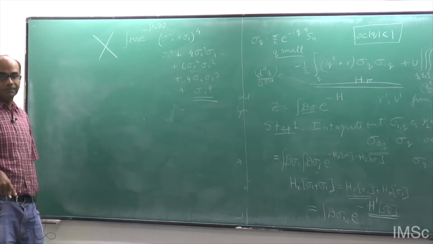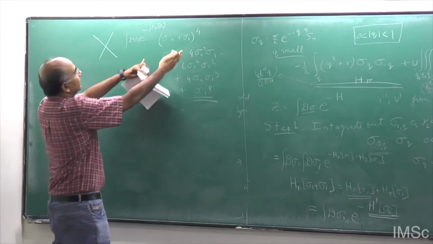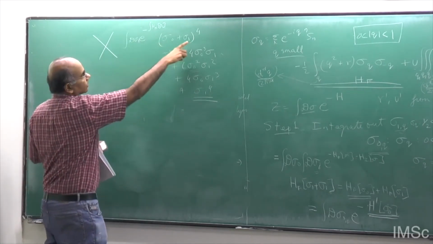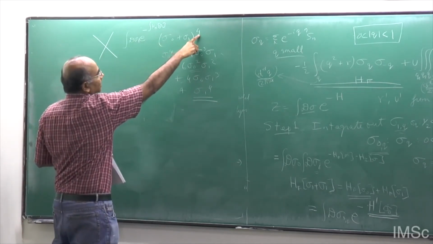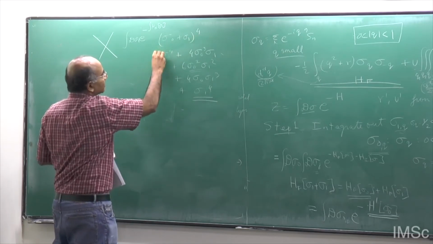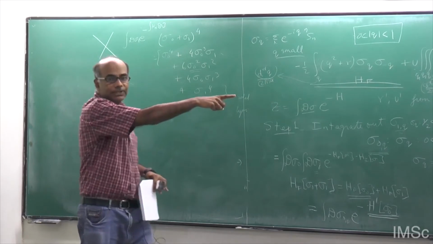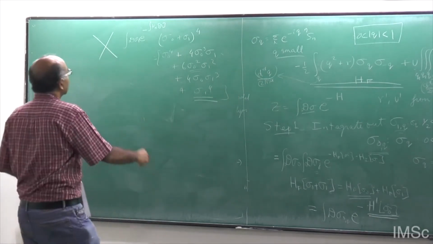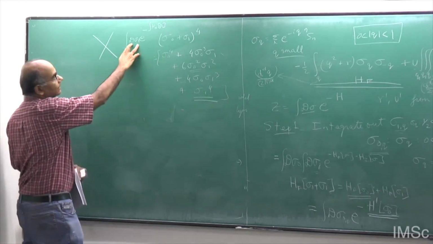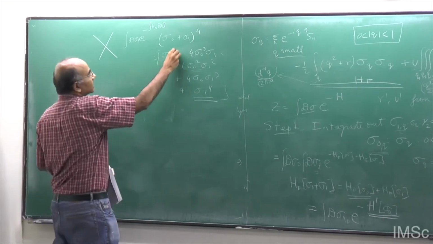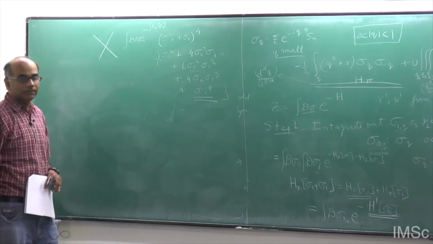Okay. Is this clear? This is your leading term in h_I, the interacting part is sigma to the fourth. We'll have all these terms. So all these guys will go into that first term that you have to evaluate. So when you do the σ1 integral, this will just give a constant.